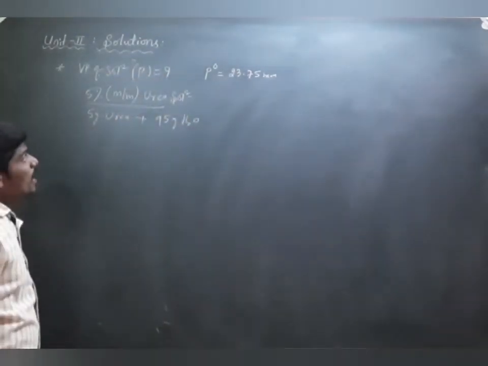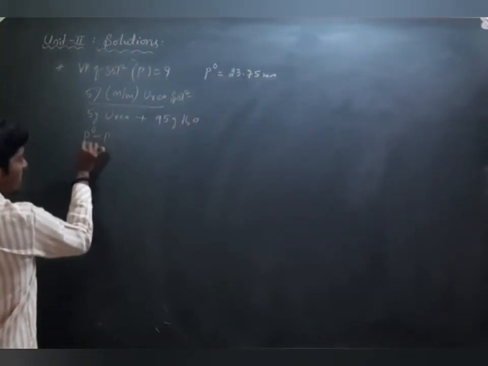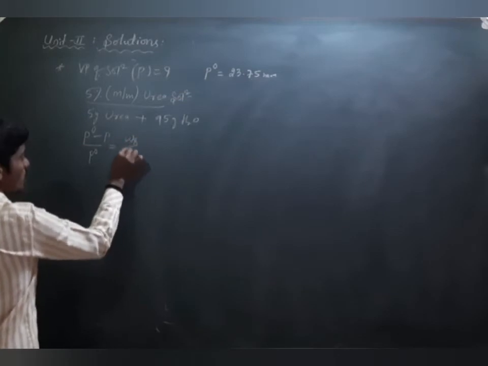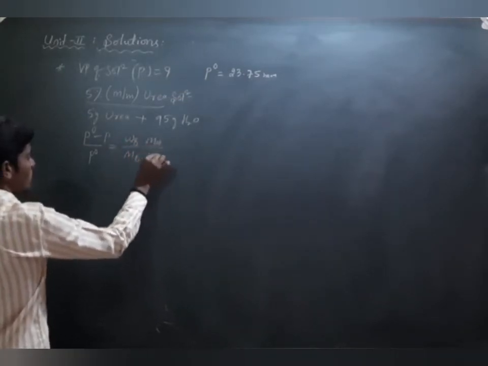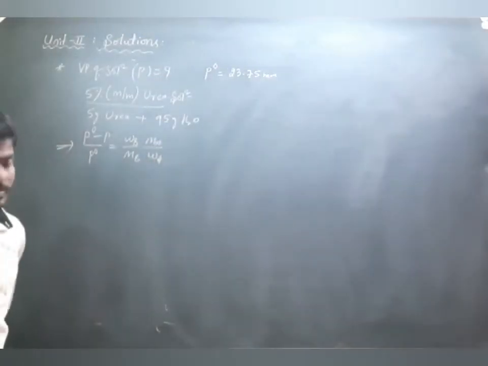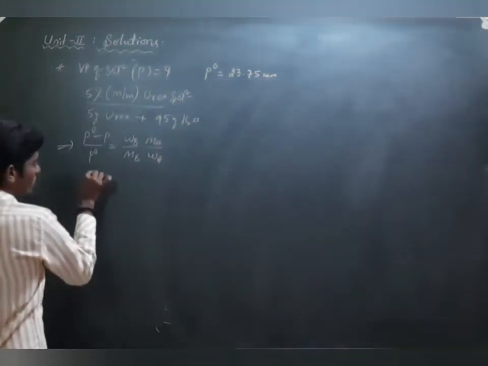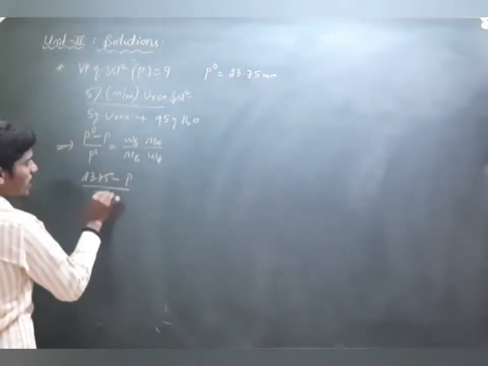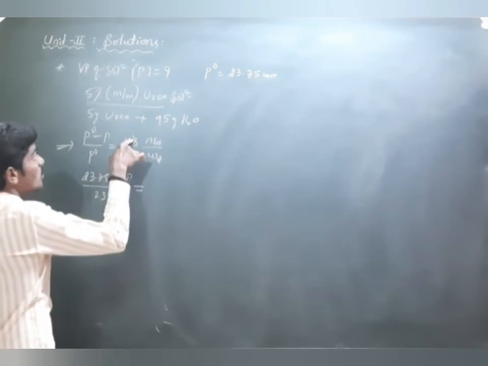P0 is given, I want to calculate P. The formula is (P0 minus P) divided by P0 is equal to WB by MB, into MA by WA. Substitute and simplify, because everything is given. P0 value is given: (23.75 minus P) divided by 23.75 is equal to WB by MB, MA by WA.